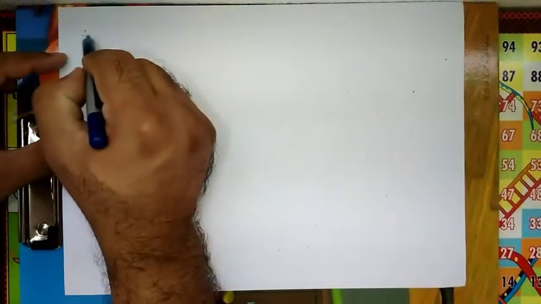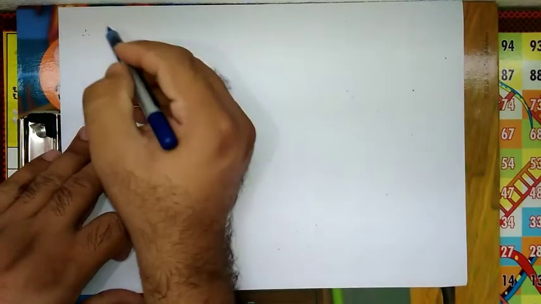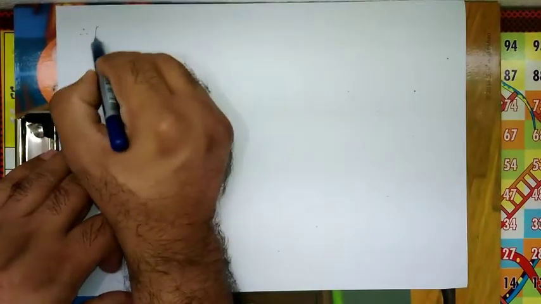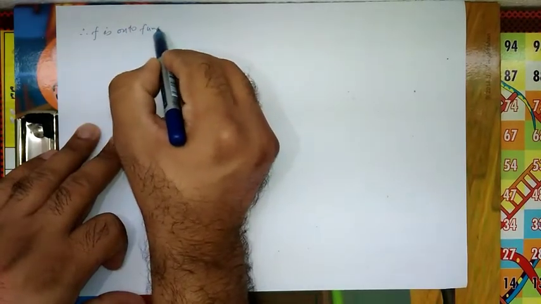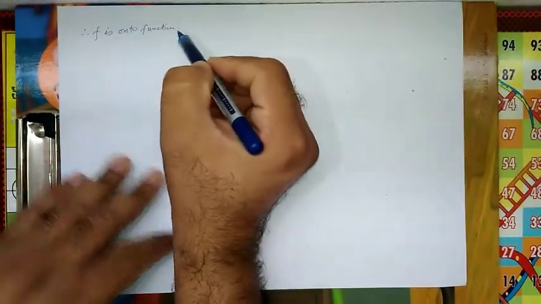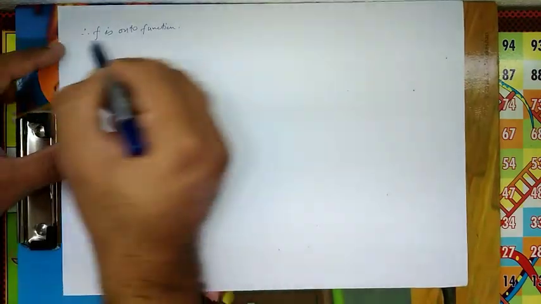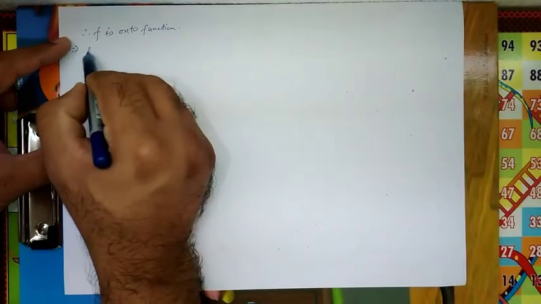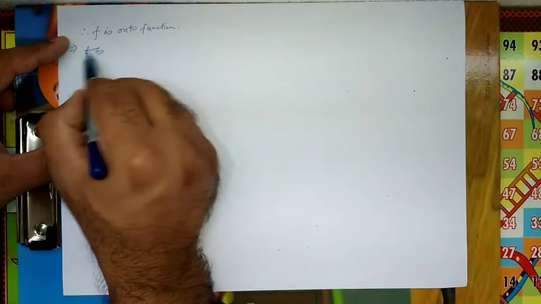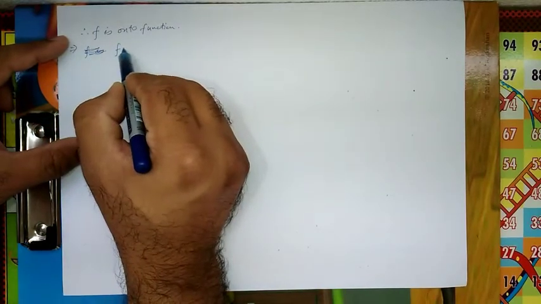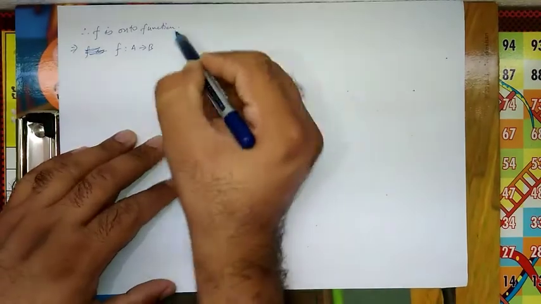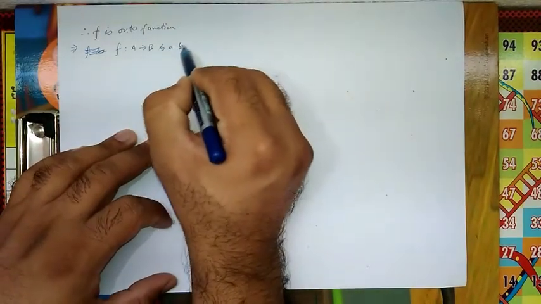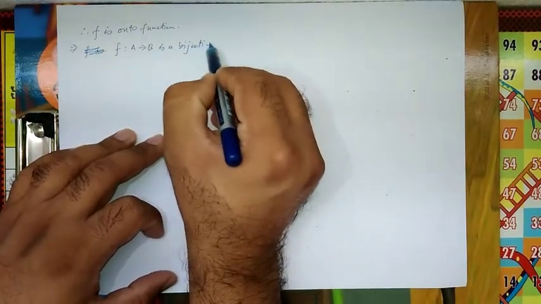Therefore we can say f is an onto function, that implies f, a function from A to B, is a bijective function.